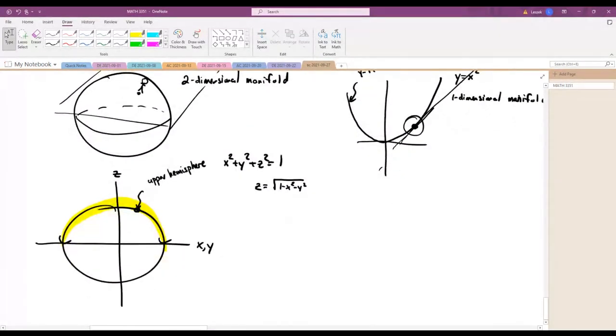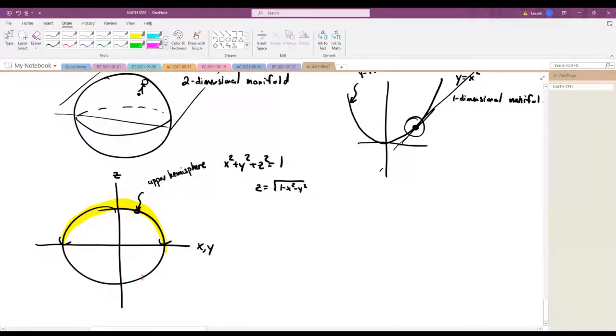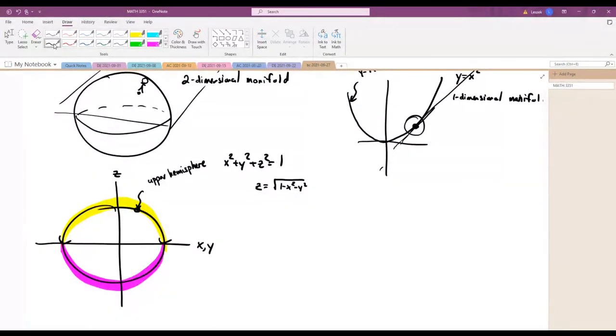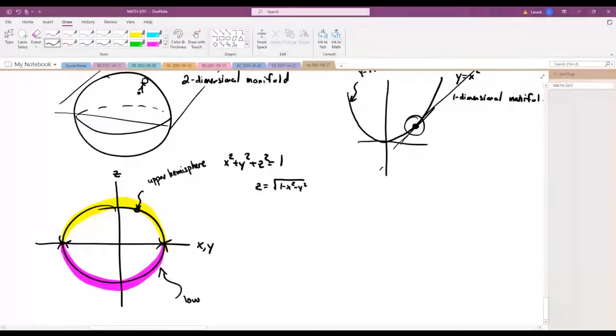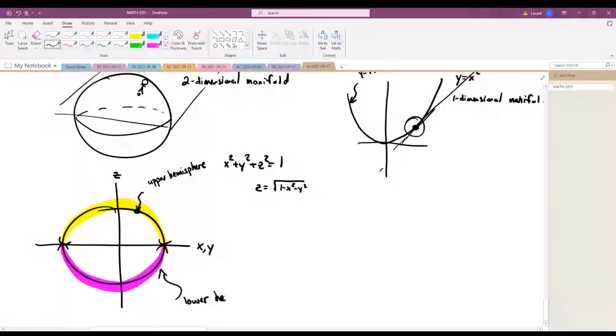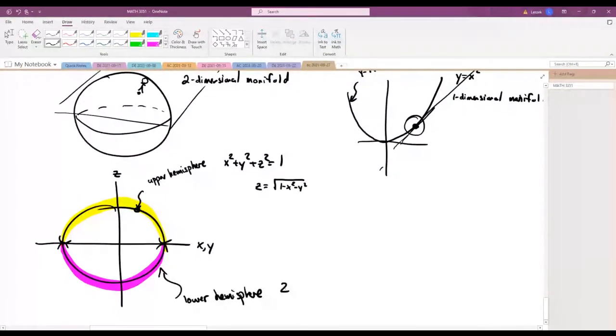And so what patch can we use for the lower hemisphere? Negative. So Z for the lower hemisphere, we get that as the negative. And this would work, right?